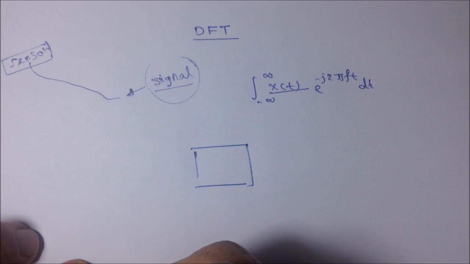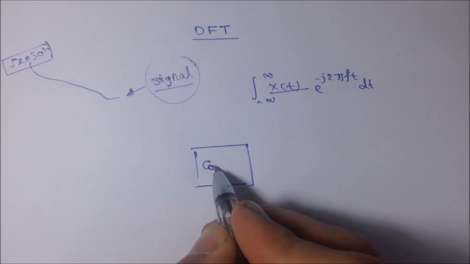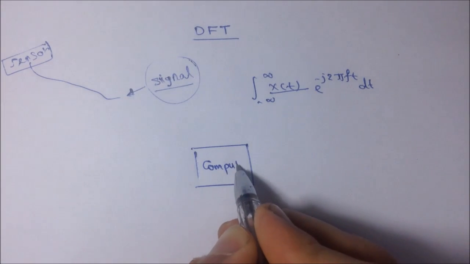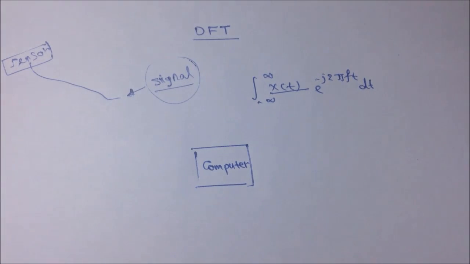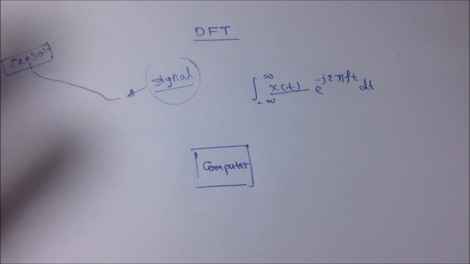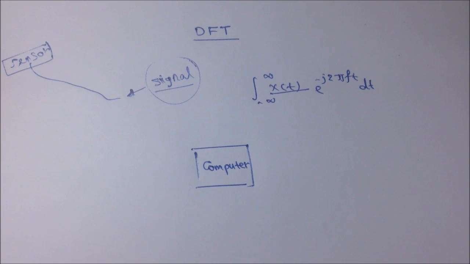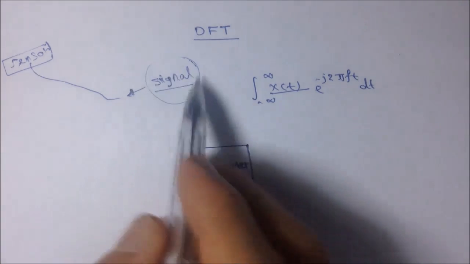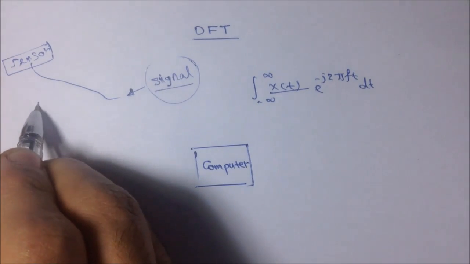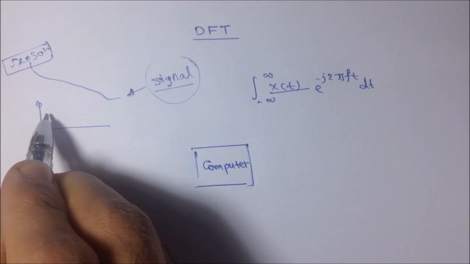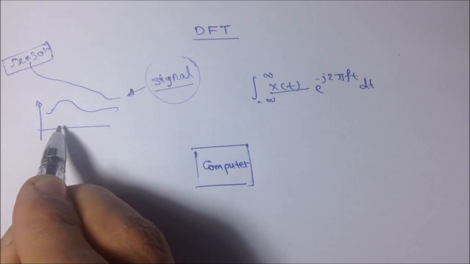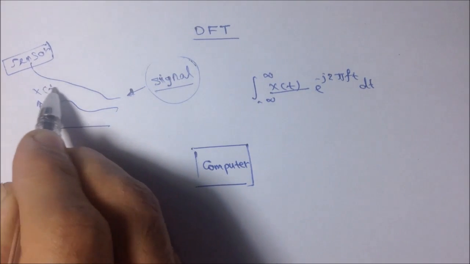So we are going to evaluate the spectrum using a computer. Now, the thing special about a computer is that it works with discrete signals rather than continuous signals like the one we have. So we have to sample the signal. Assume this is x of t.